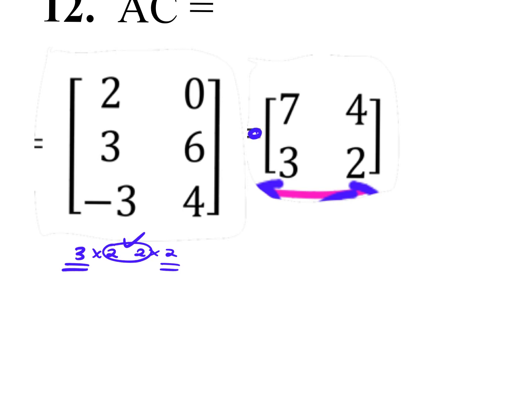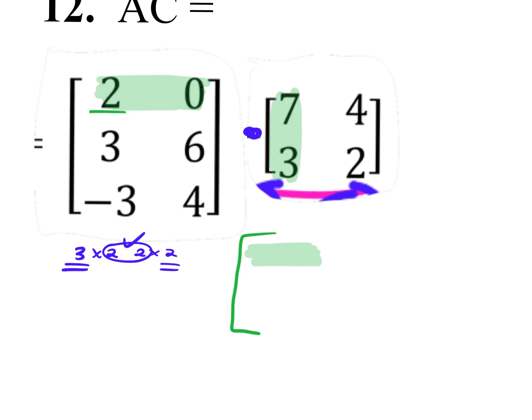Okay. So we're going to multiply this. And here's your setup. Okay. So it's going to be first row with first column. So first row, first column is going to end up right here on our answer.